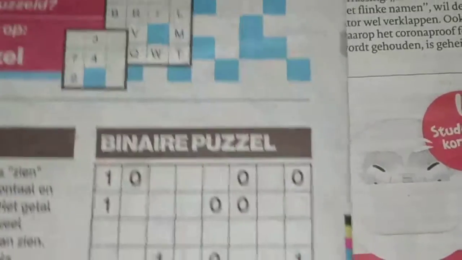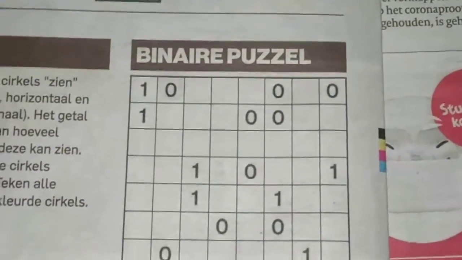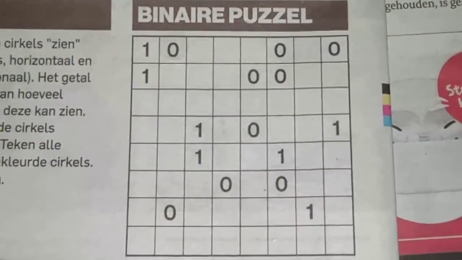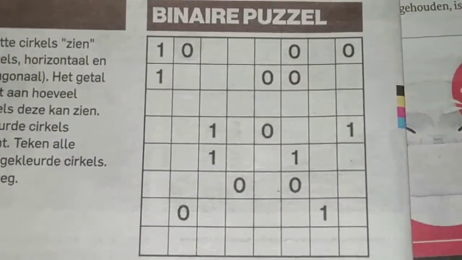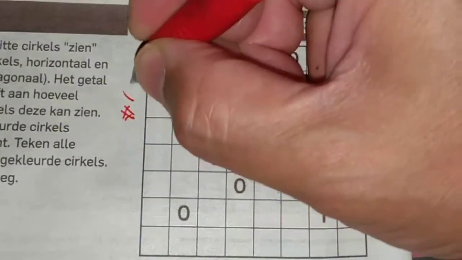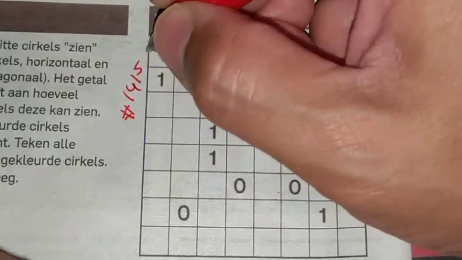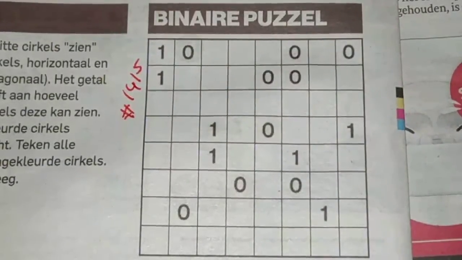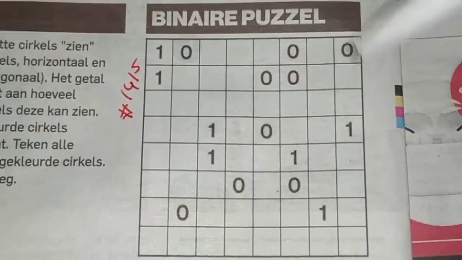Two Sudokus to go. One of them is a binary puzzle, and this one will be number 1415. Alright. And what kind of binary puzzle is this one?